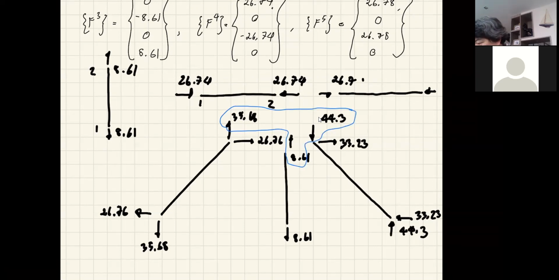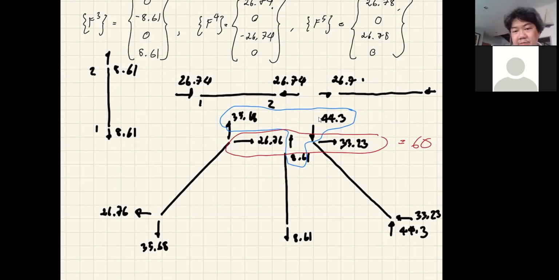And then this is equal to 60, that's your external applied force. And let's move on to member number 4. Oops, sorry.